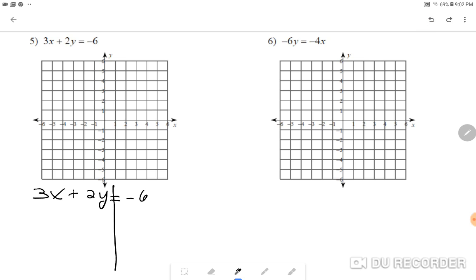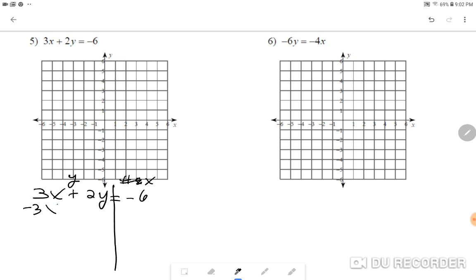Number 3, separate y's and everything else. In this case, I want the y on the left, and over here I would like to have numbers and x's. So on the left side, I want it to have a y. 3x does not have a y, so get rid of it. We do the opposite, negative 3x.